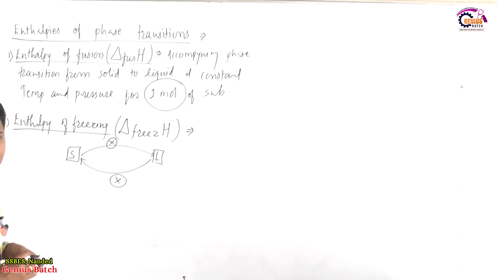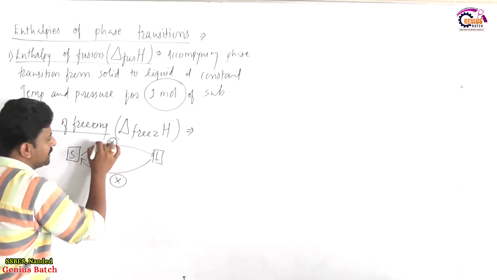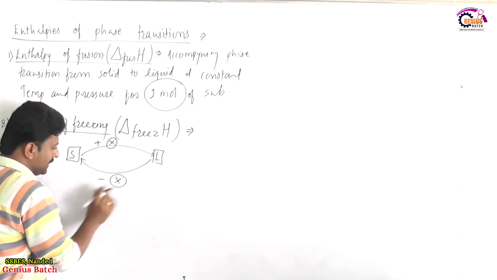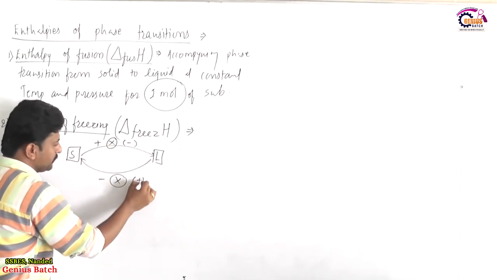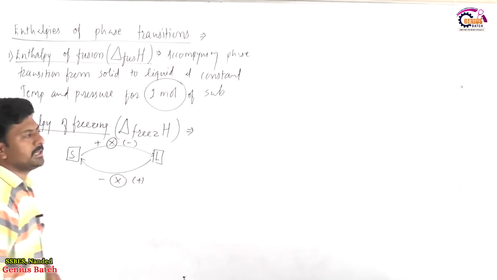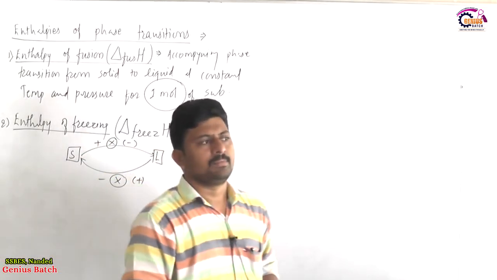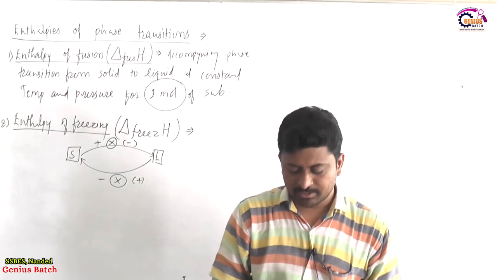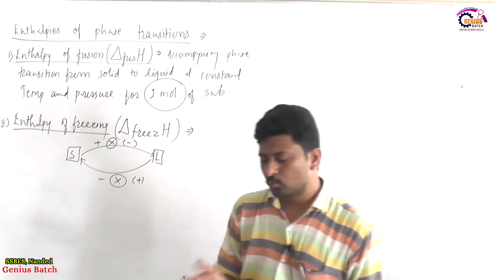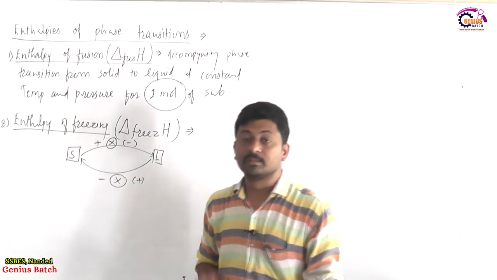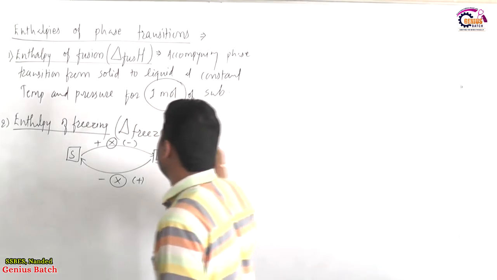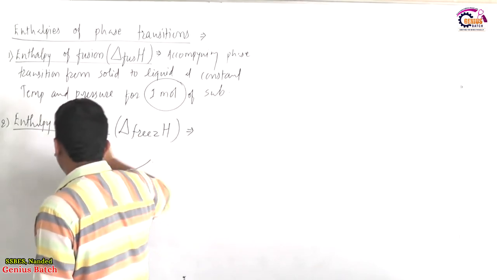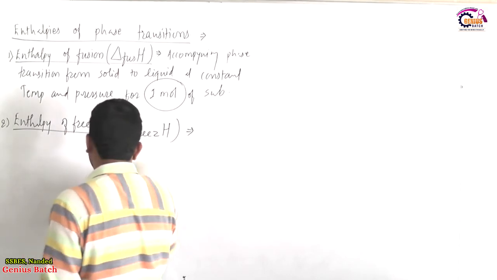But the little change will be what? If the forward change is positive, then the latter will be negative, or if the forward is negative, then the latter will be positive. It means only reversal of sign will be there, because initial and final states are the same. Enthalpy change during the course of transition will be the same. This means enthalpy of fusion is exactly equal to enthalpy of freezing with a reverse sign only.